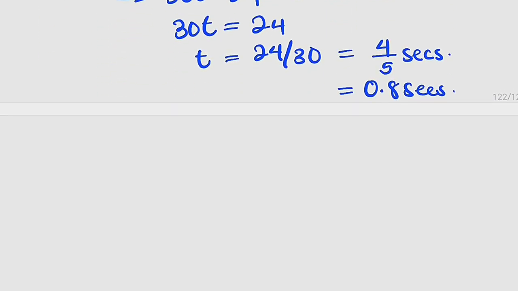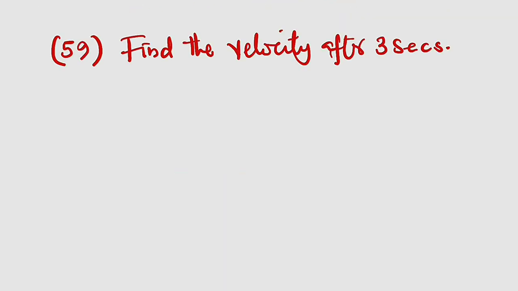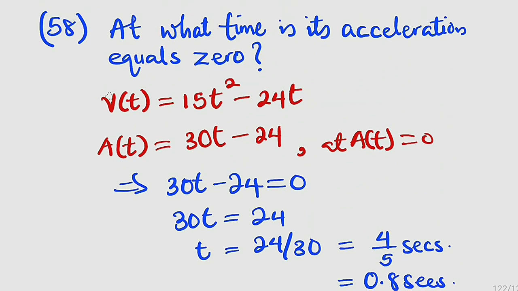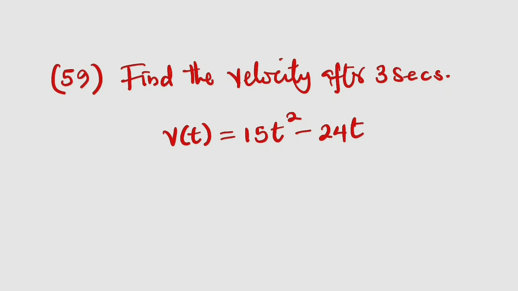Now let us move on to question number 59. Question number 59, we are asked to find the velocity after 3 seconds. Already we have our velocity. Let me just copy that. This is our velocity, v of t. So after 3 seconds, that is v of 3. Wherever we have t, we are going to replace it with 3.